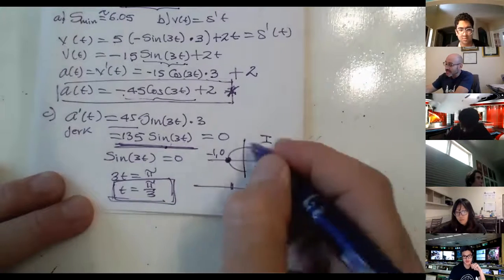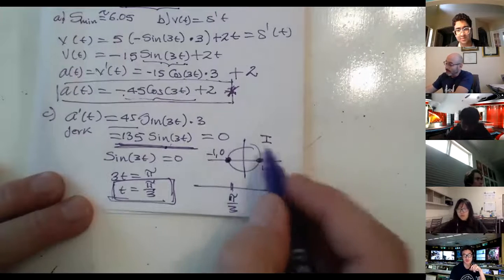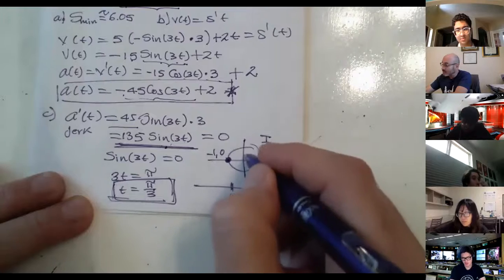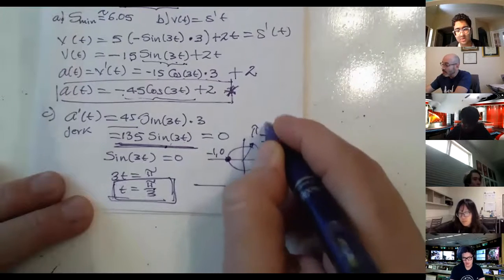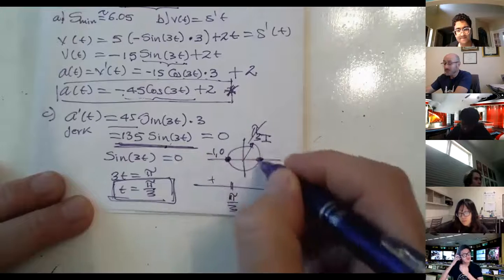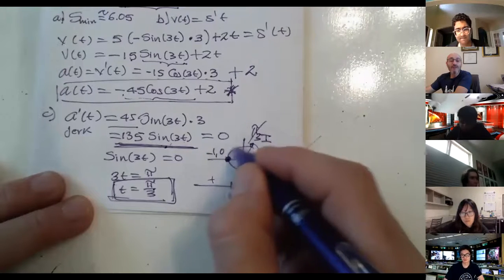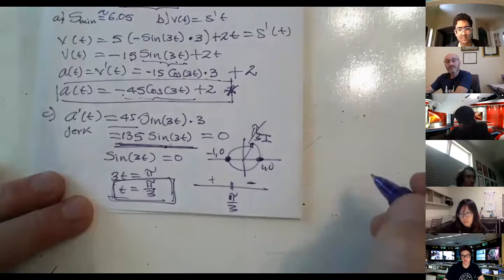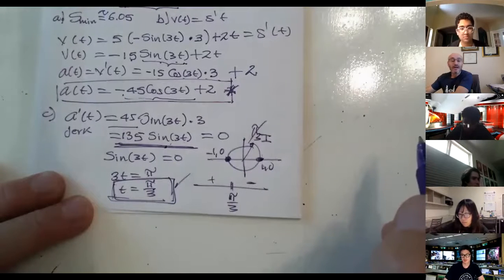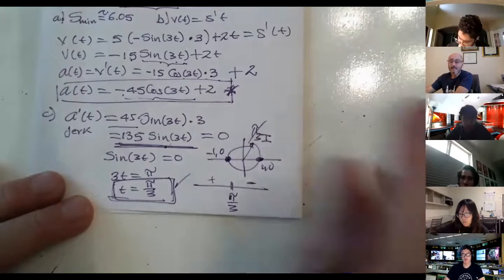And pi thirds is in the first quadrant, so pi thirds is 60 degrees. So pi thirds is somewhere here. Before that, all this is positive, and after that, it's gonna be negative. So that means that pi thirds is gonna be a max there. Make sense?